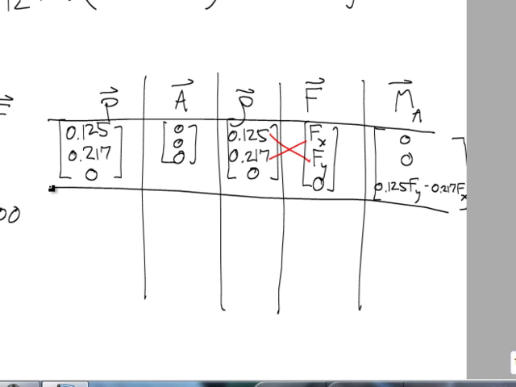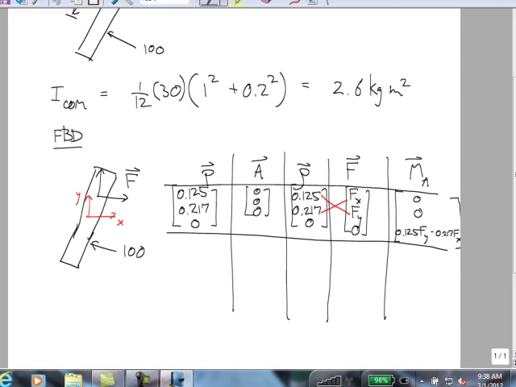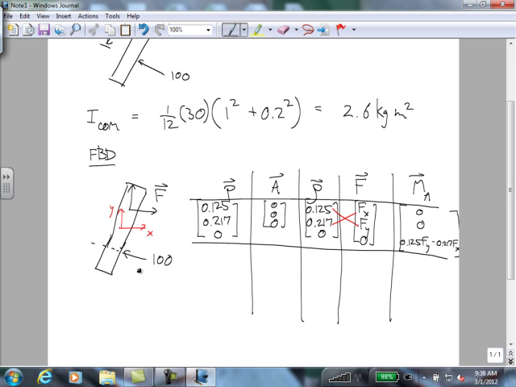And now the 100 Newton force. I'm going to move that force along the line of action just so I don't have to figure out the geometry, which would be a bit of a nuisance to figure out what this point is. So I'm going to just move it to the center here. And then that location is negative 0.125, negative 0.217.